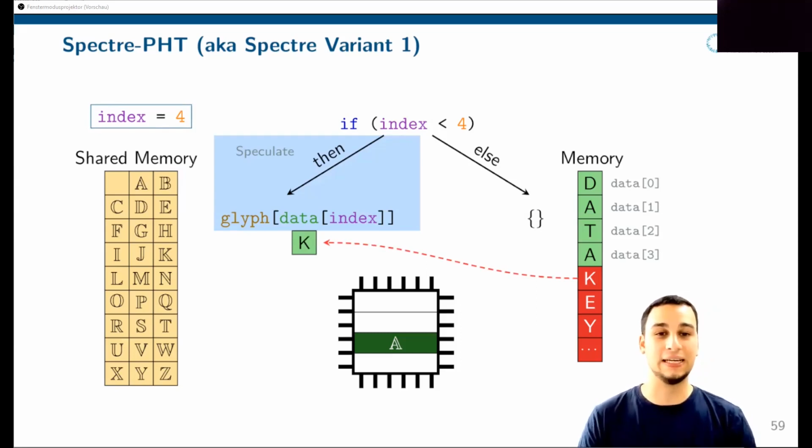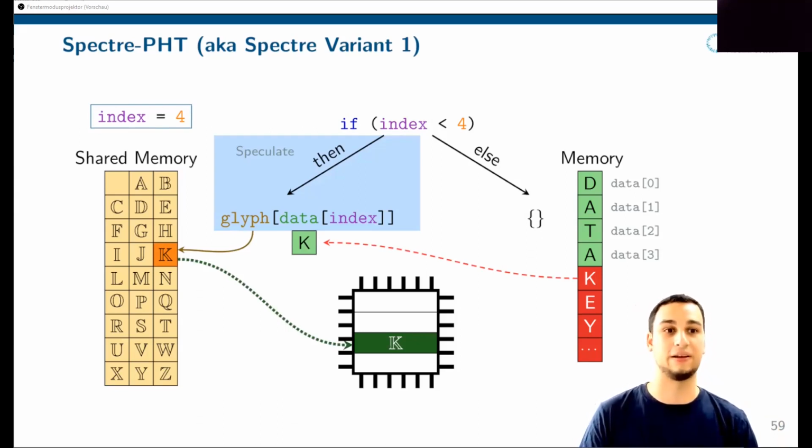But this is already out of bounds and accesses a secret key there, the K, and then uses that K, accesses shared memory for this K page, which is then cached. And that already gives us out of bounds values. Because we can now mount a cache attack on the shared memory, see K is cached, and we know that the first byte of the secret key is a K.